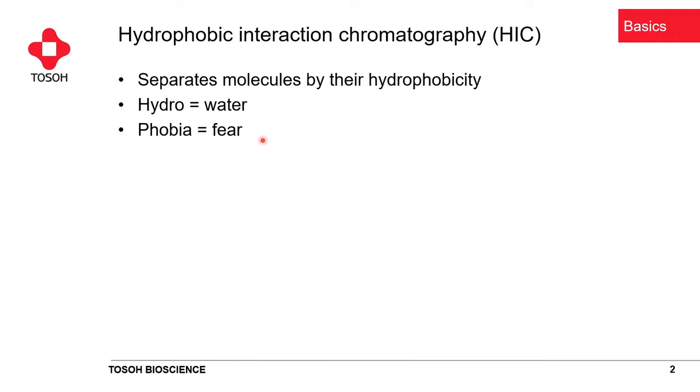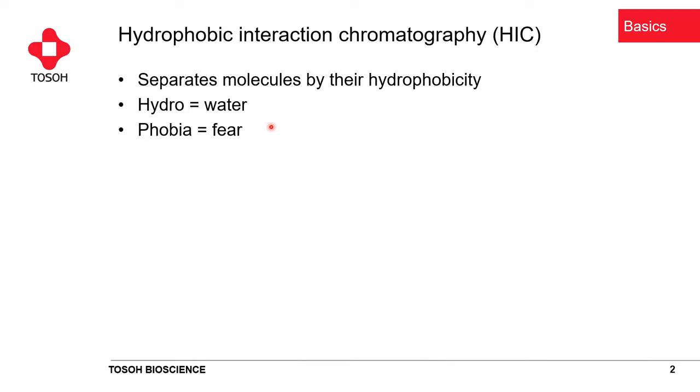First of all, a very short repetition of what hydrophobic interaction chromatography actually means. What we will do is separate molecules by their hydrophobicity. Hydrophobicity is a word that contains two parts, one of which is hydro. You very likely know it relates to water, and phobia, which means fear.